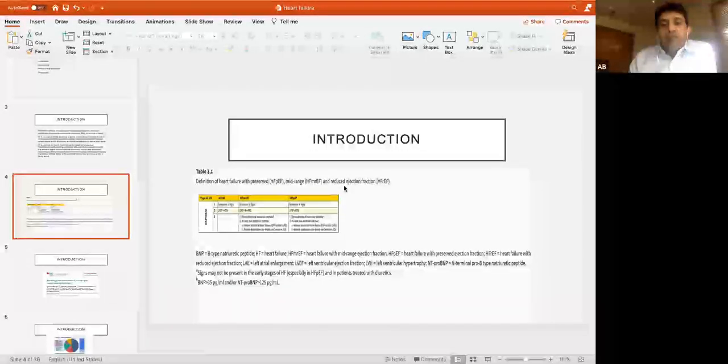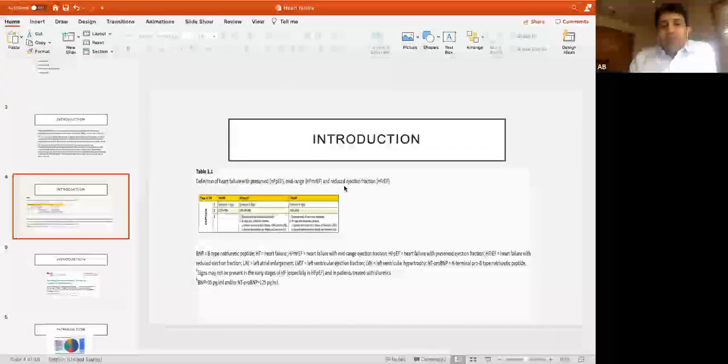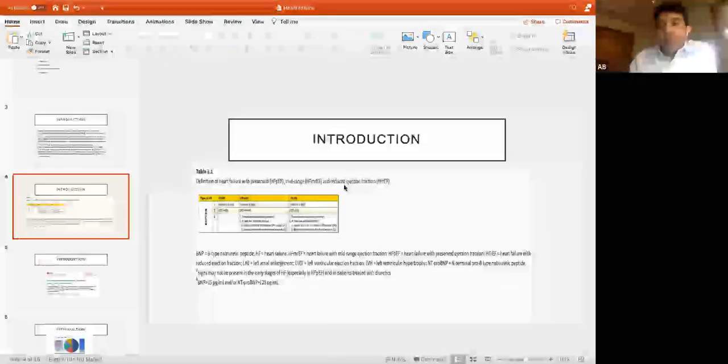It's 60%. Some said diastolic heart failure, which is sort of correct. Some said heart failure with preserved ejection fraction, and I think the correct terminology is heart failure with preserved ejection fraction.